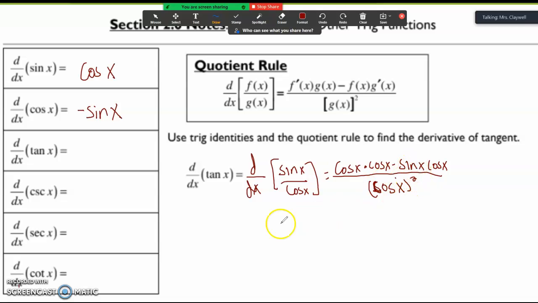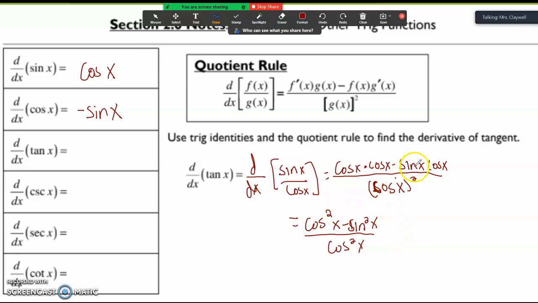If we think about how to simplify this, this becomes cosine squared of x minus sine squared of x over cosine squared of x.